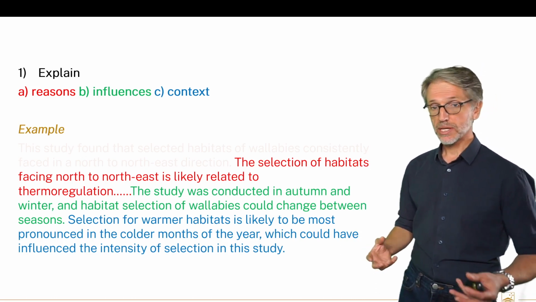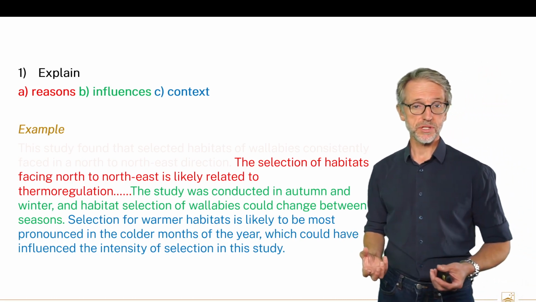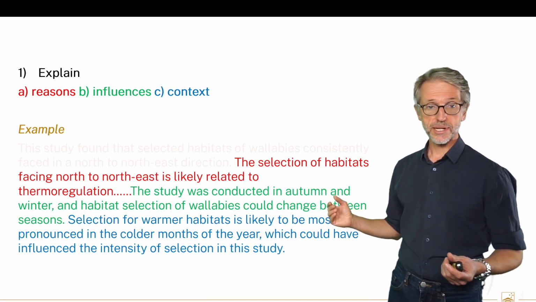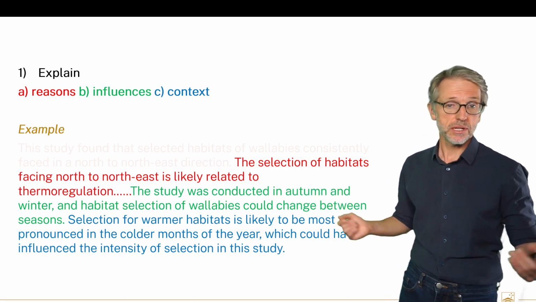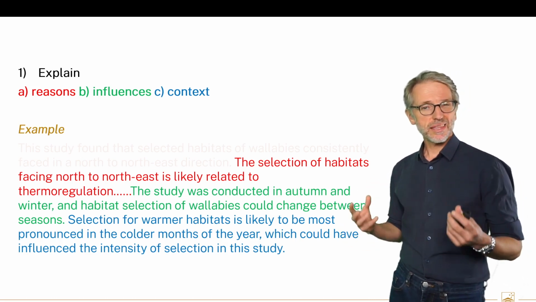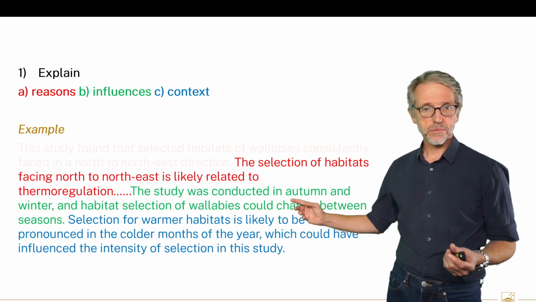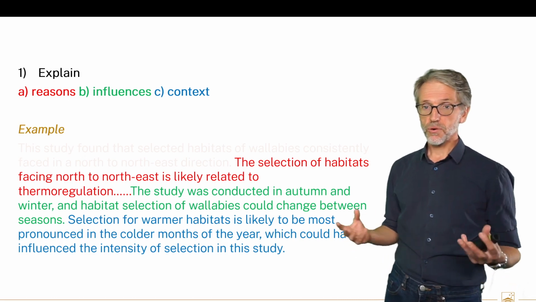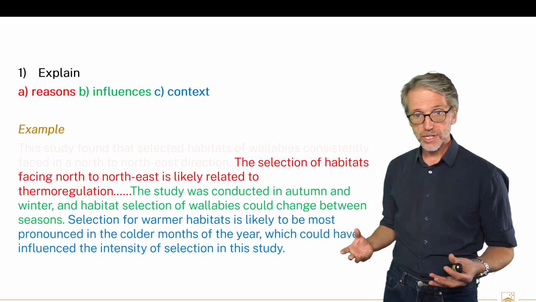So perhaps if we saw differences in selection of sites between different species, we might state the result that the selection of habitats facing north to northeast is related to thermoregulation in a species. And then we might say that there are things that might influence that: the study was conducted in autumn and winter, and habitat selection for these animals was perhaps particular to that season, and it might change over time.